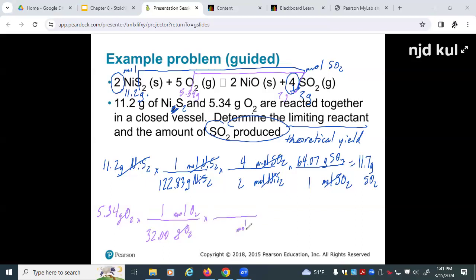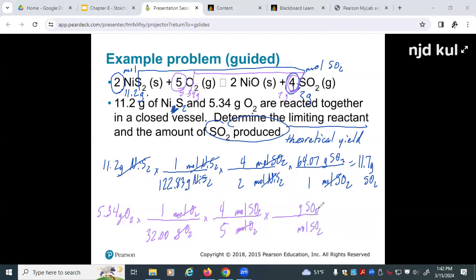My next step, I want to turn the moles of oxygen into moles of sulfur dioxide. For that, I need the balanced chemical equation. I need the coefficients from it. 4 from the sulfur dioxide, 5 from the oxygen. My moles of oxygen cancel. Oops. Ahead of myself. My last step, I need to turn the moles of sulfur dioxide into grams.